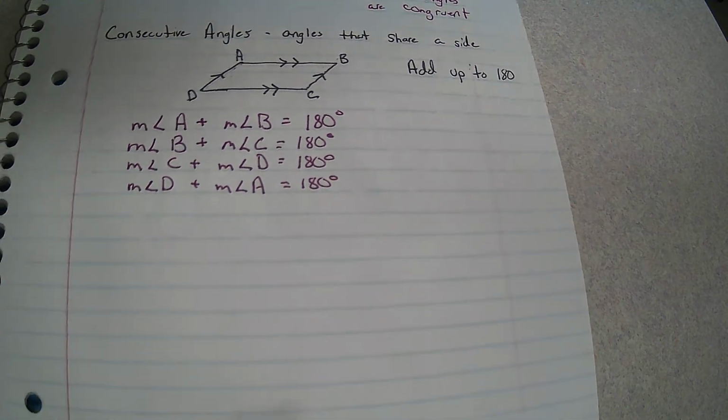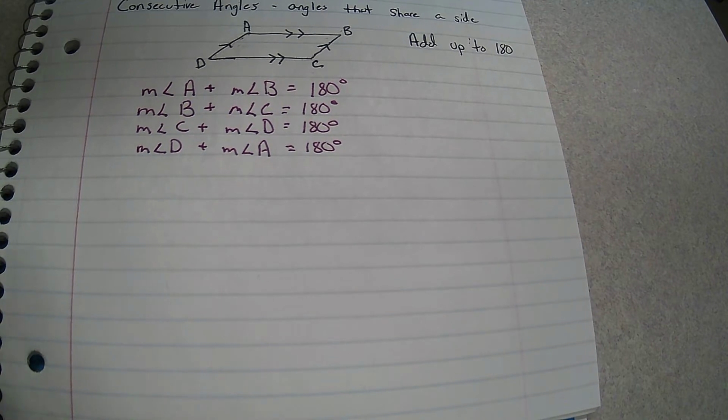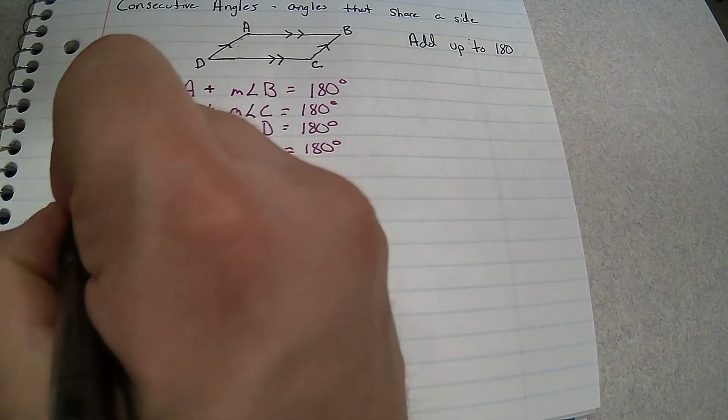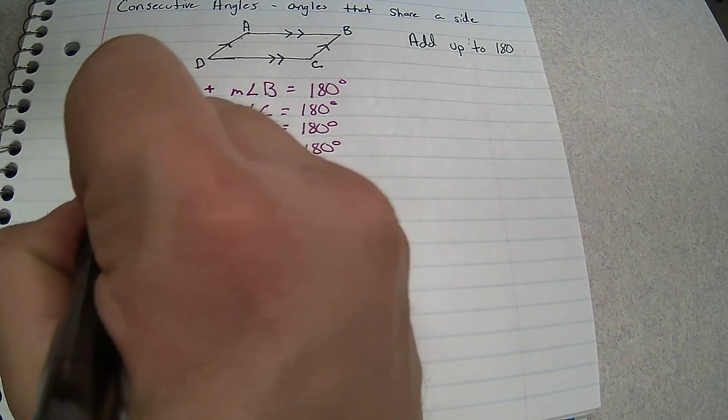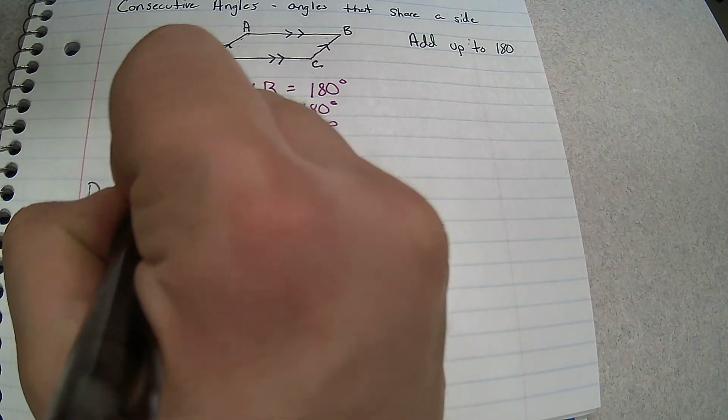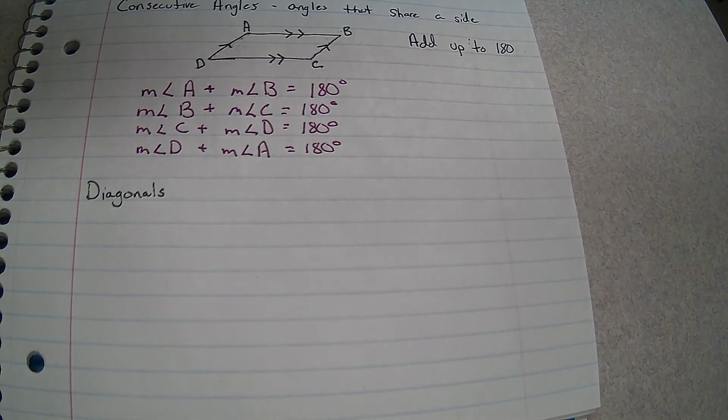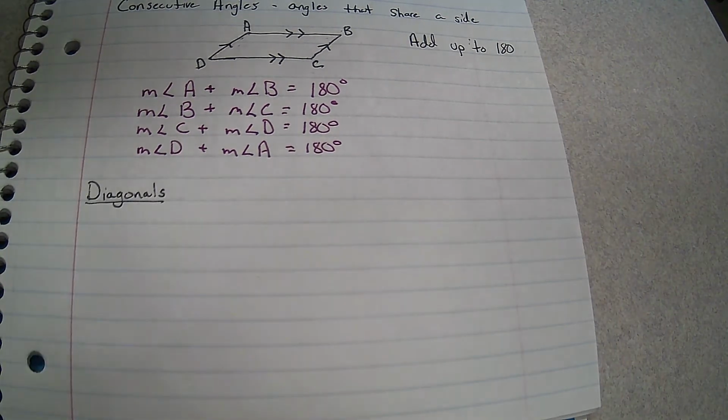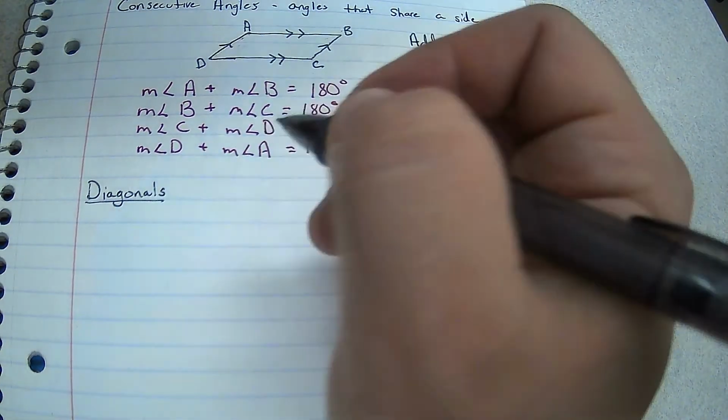One last piece of information that we're going to look at is our diagonals. I referenced this a little bit earlier. Diagonals are the segments that connect the opposite angles or vertexes.